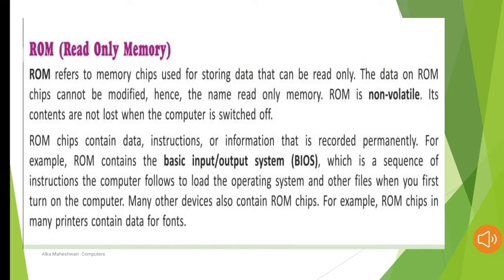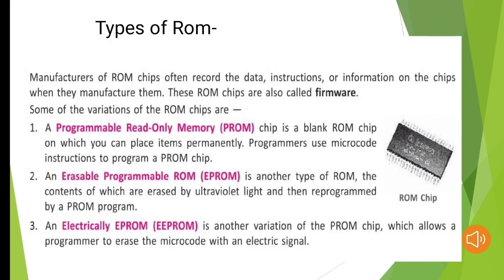Previously, system software was stored on floppy disk. Data, instructions or information are recorded on the ROM chip. These ROM chips are also called firmware. ROM can be divided into several types. Now, types of ROM.